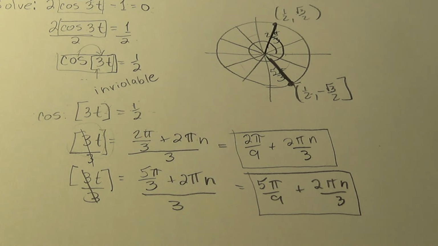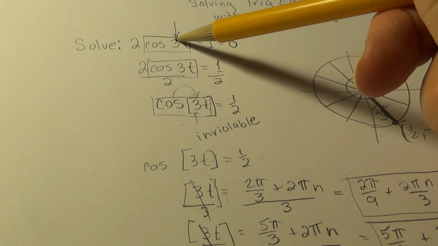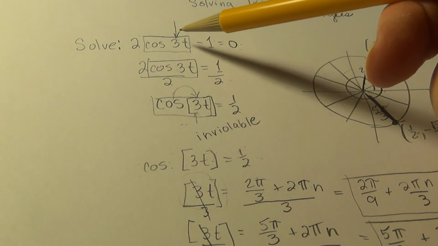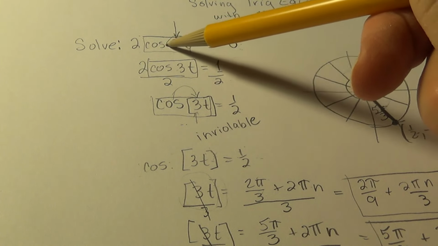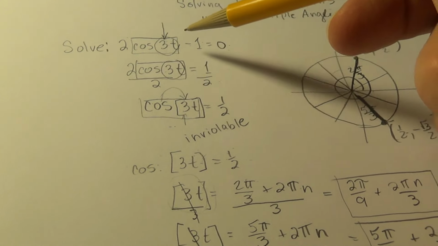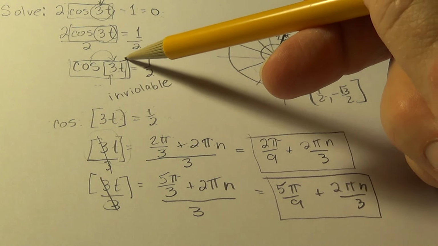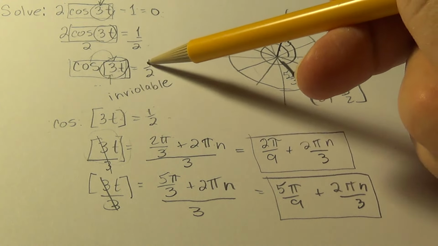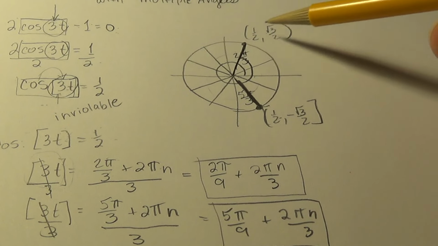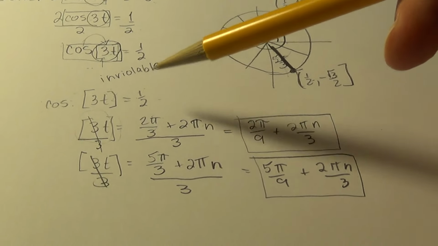All right, so again, dealing with this tripled angle here, we couldn't split it up. We had to keep it together, and we had to isolate the cosine of it. And when we did that, we saw the cosine of 3t was 1/2. So we looked on the unit circle, and we saw that happened here and here, plus all the multiple spins.